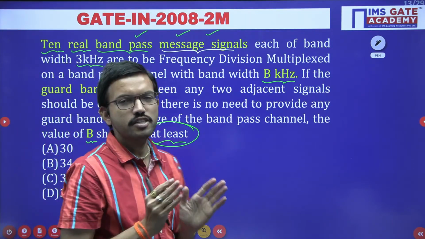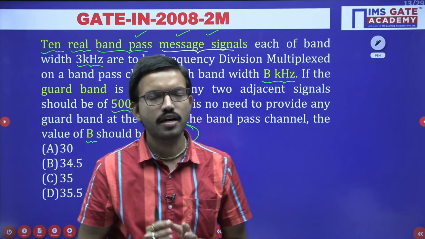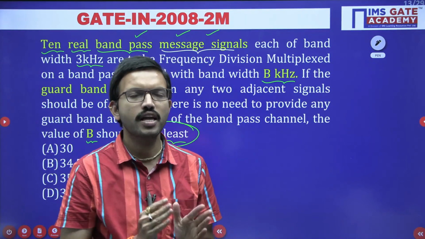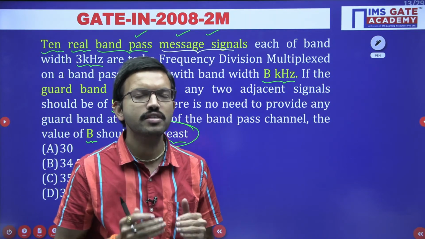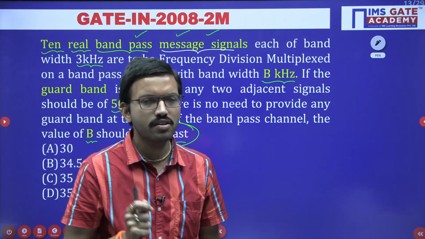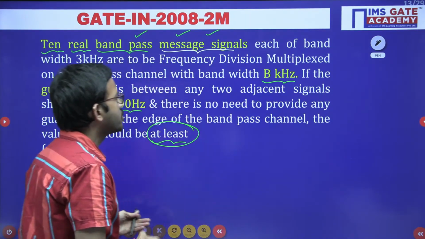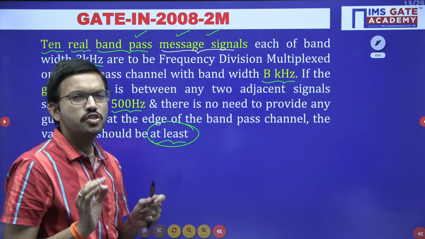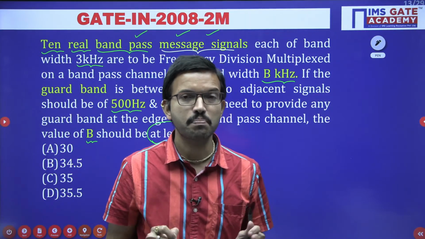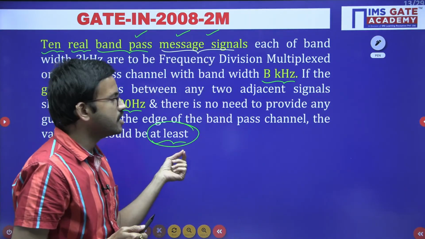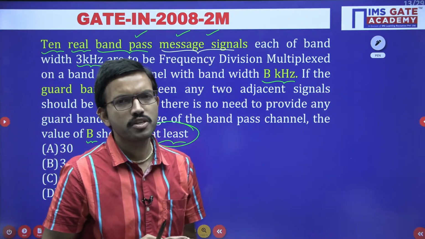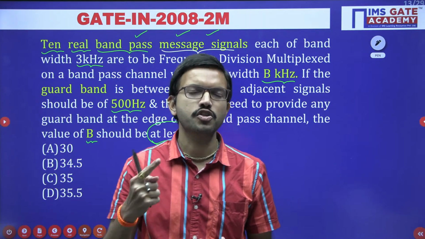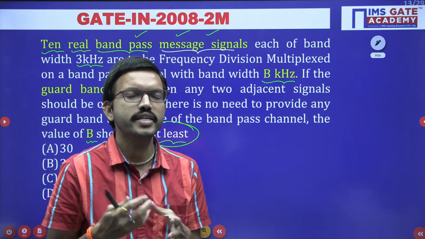Instead of straightforwardly mentioning the modulator name, they have given the hint in this way. Only if you have good knowledge of the basics and good command over each concept can you solve these types of questions. This is not a tough question, but you should have knowledge of AM, DSBSC, and SSBSC.